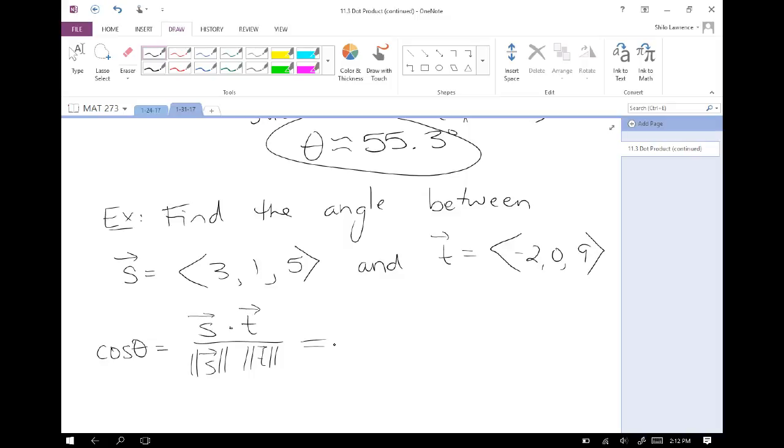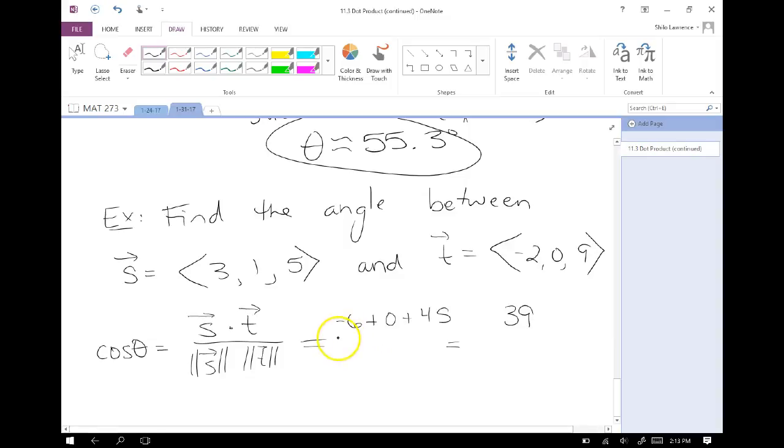What do we get for the dot product? 3 times negative 2 is negative 6. 1 times 0 is 0. 5 times 9 is 45. So you should get 39 for your dot product.